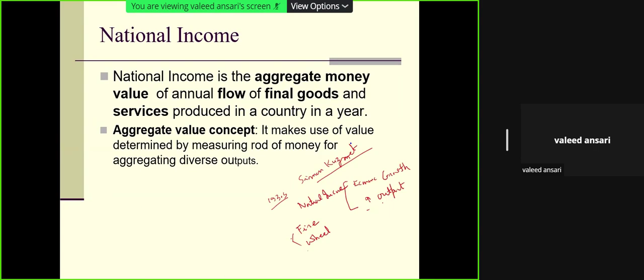Thanks to Simon Kuznets, now we have a method to calculate national income, although refinement is always there, as no method is perfect in the beginning.